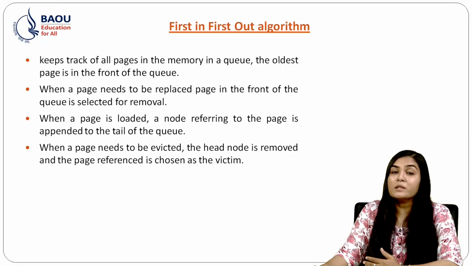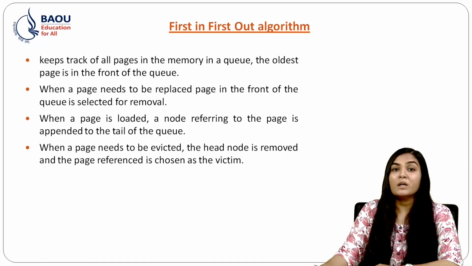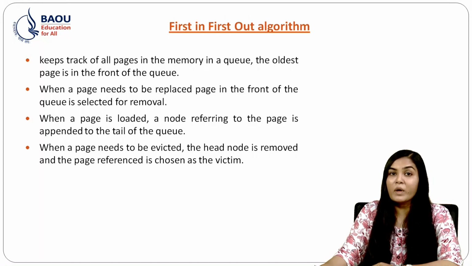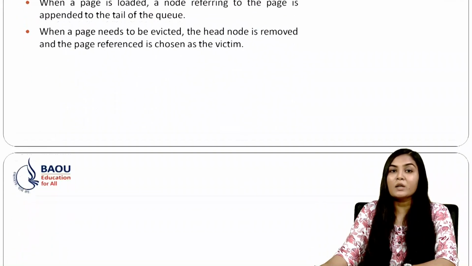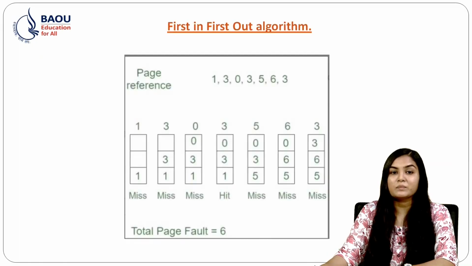When a page is loaded, a node referring to the page is appended to the tail of the queue. When a page needs to be evicted, the head node is removed and the page referenced is chosen as the victim.